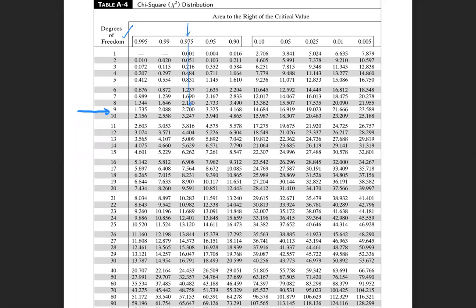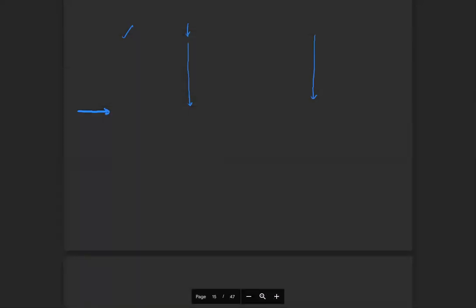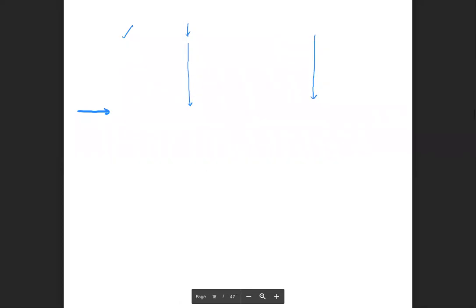Now for the other one, you have to look at 0.025, and 9 gives you 17.535. This is a problem that I have done, so I already have it here. So let's go back to the problem. You have these values.